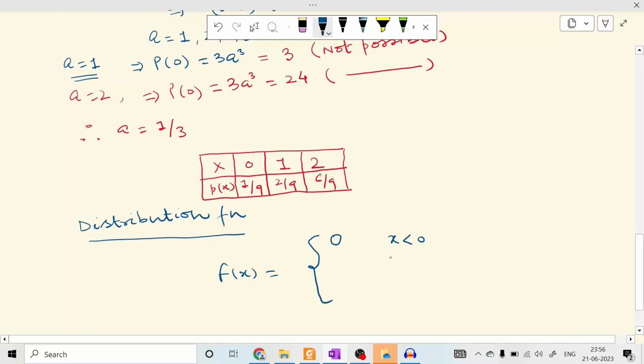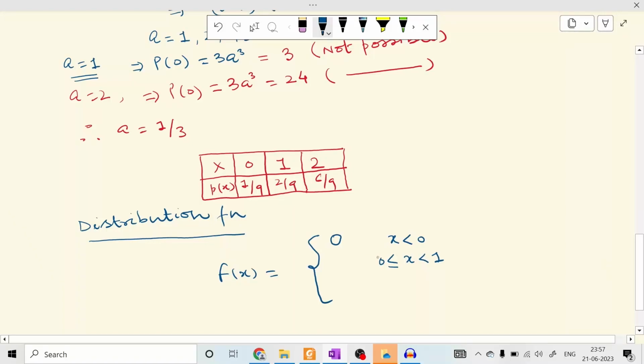Now when you consider the interval x greater than or equal to 0 and less than 1, you can easily identify that 0 is included but 1 is not included.